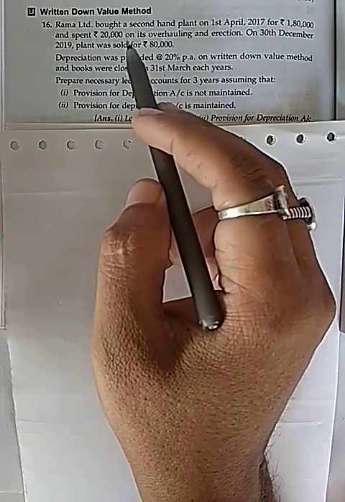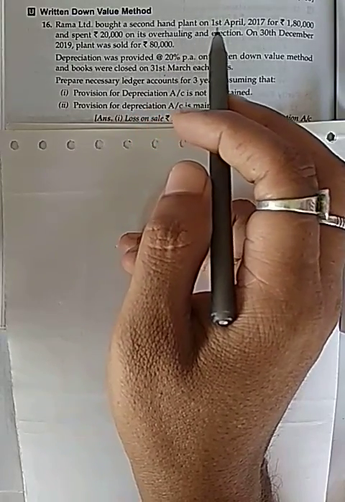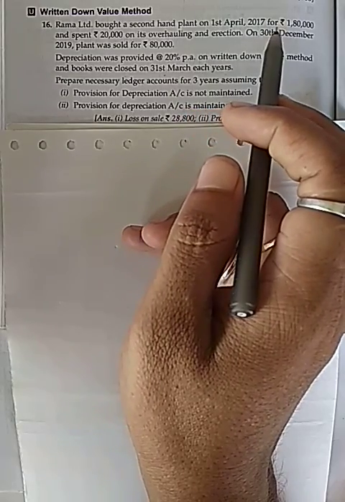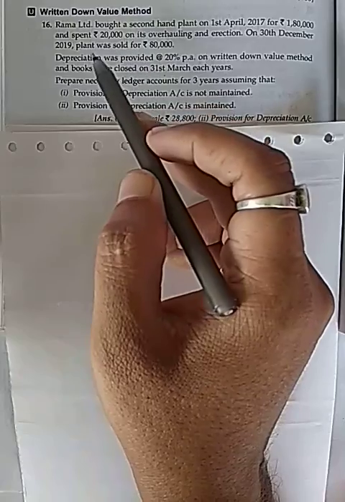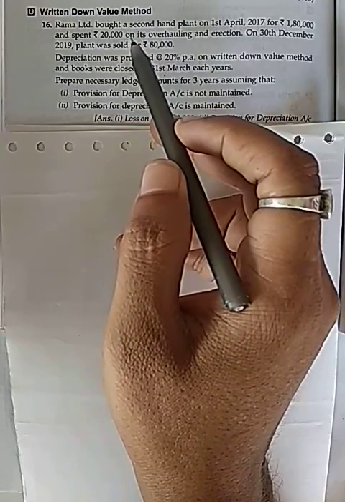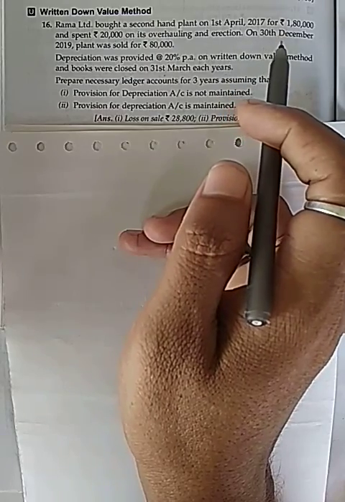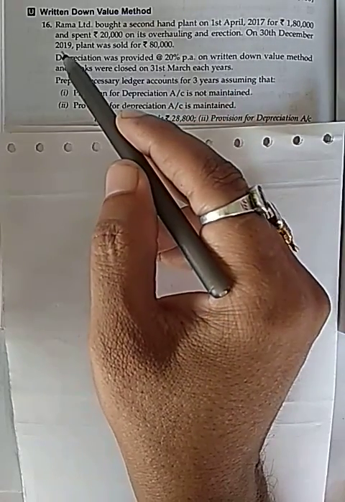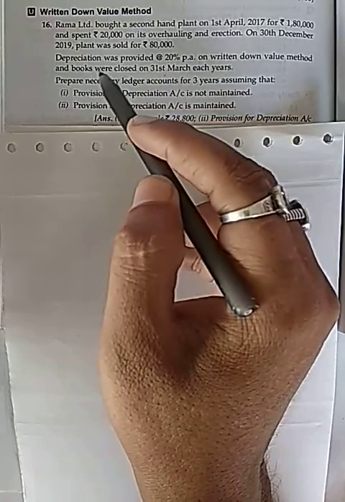Rama Limited bought a second hand plant on 1st April 2017 for rupees 1,80,000 and spent 20,000 on its overhauling and erection. On 30th December 2019, the plant was sold for 80,000.